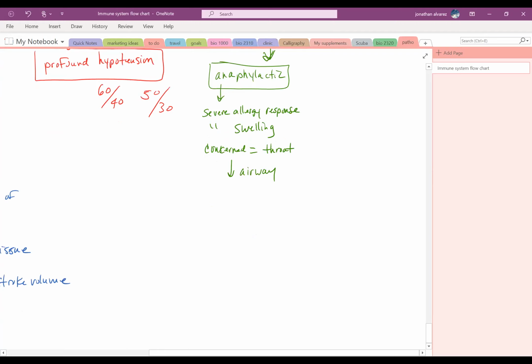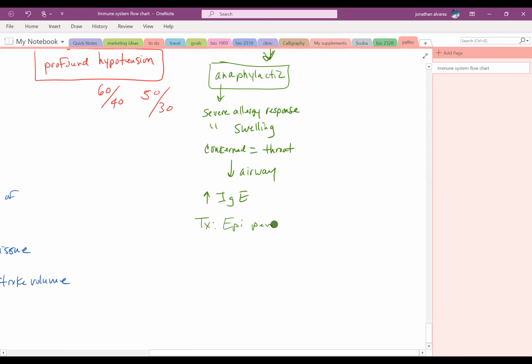So this is usually because of an increase in IgE. Okay, and other inflammatory cascades of events, right? And they all kind of feed off of each other, taking a bad situation worse. Okay, so treatment would be things like the EpiPen.